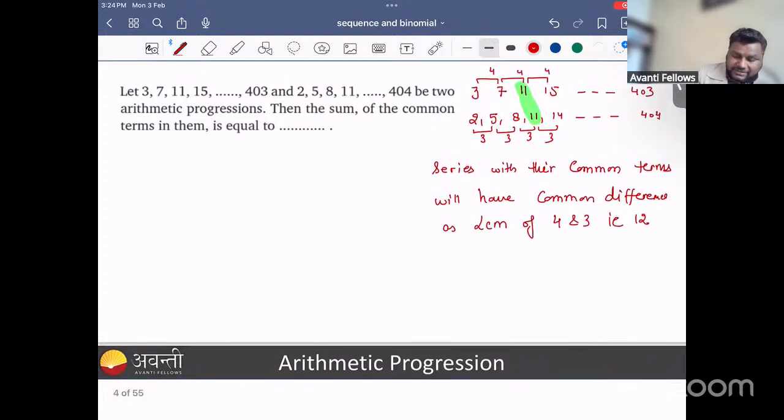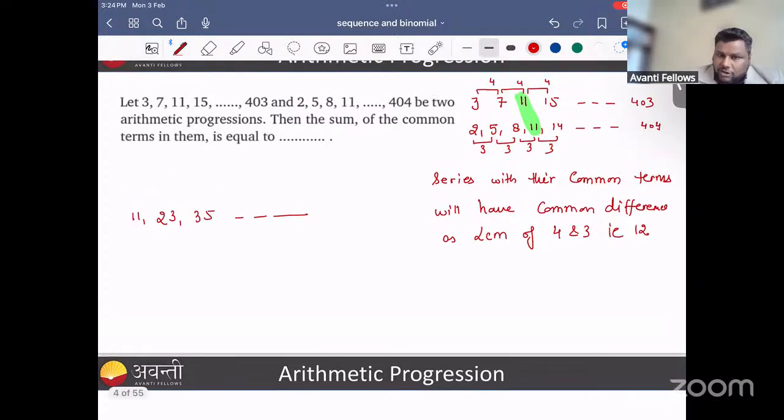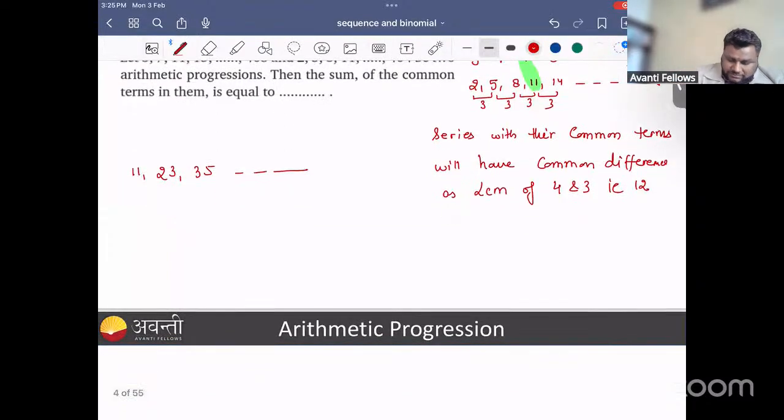So now if I write the series with their common terms, it will be 11, then 23, then 35, and so on. Got it? Now the common term can be 403 maximum. So the nth term of this series is 11 plus n minus 1 into 12. It should be less than or equal to 403. So n minus 1 into 12 is less than or equal to 394.